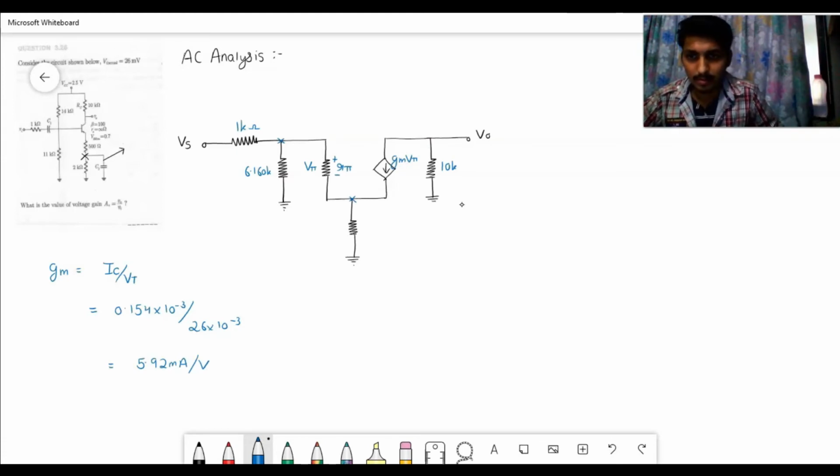Okay, we will mark V1 here, V2, and 2.5k resistor. Okay, sure. So we have to find the ultimate V0 by VS here.